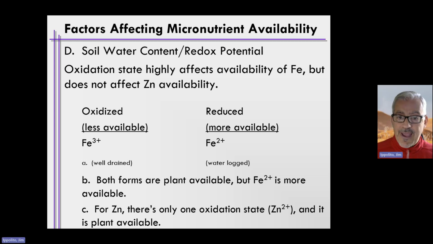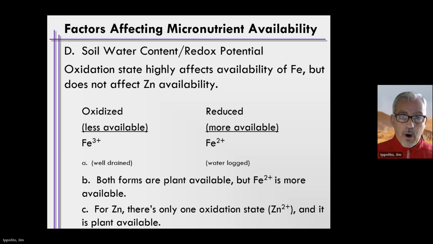Iron 2+ is actually more available in waterlogged soils, or soils that are experiencing saturated conditions. And that's great, except for the fact that the plants that we use for consumption, we don't raise in waterlogged conditions.